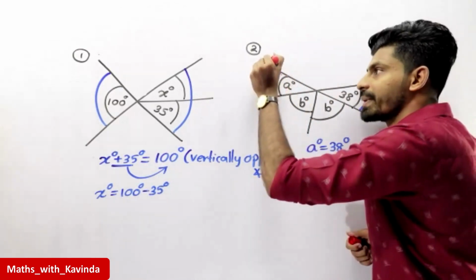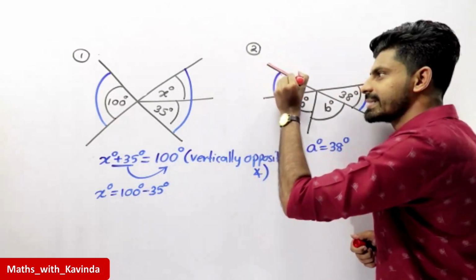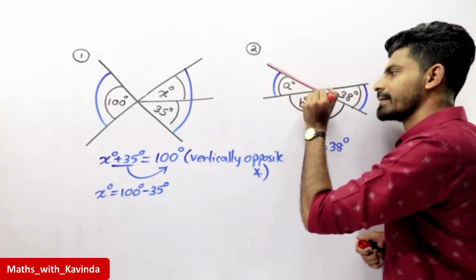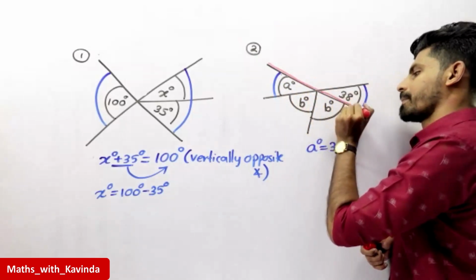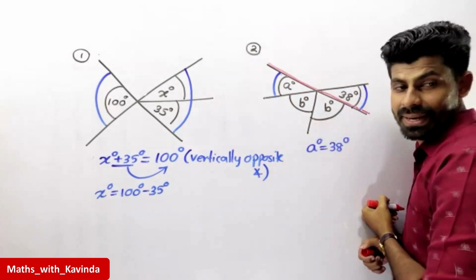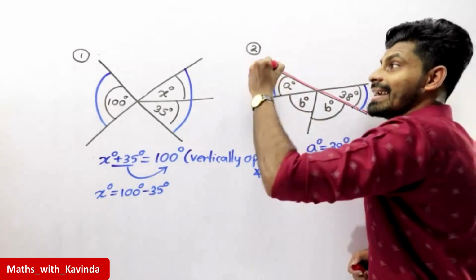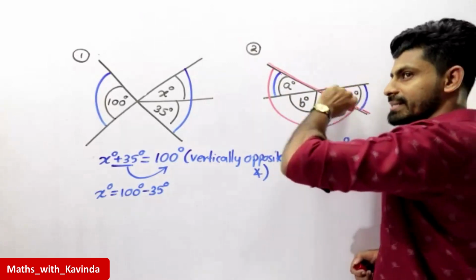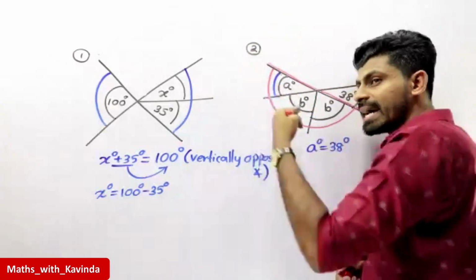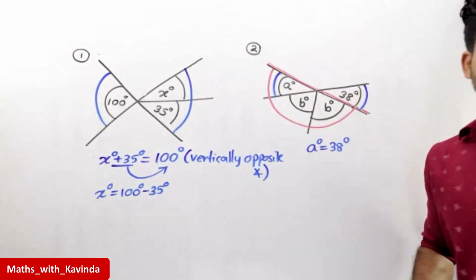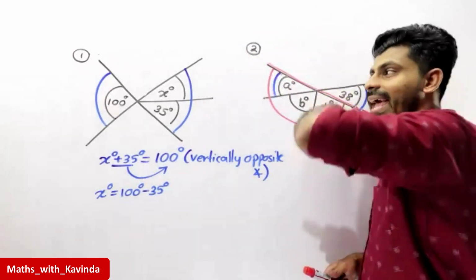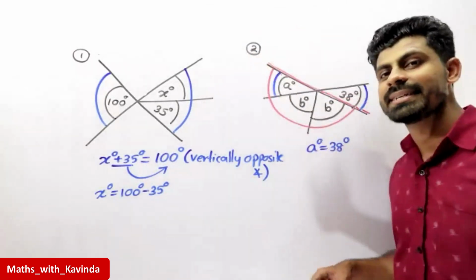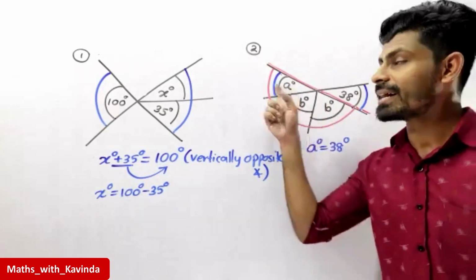Just consider this straight line. What are the angles on the straight line? How many angles are there?